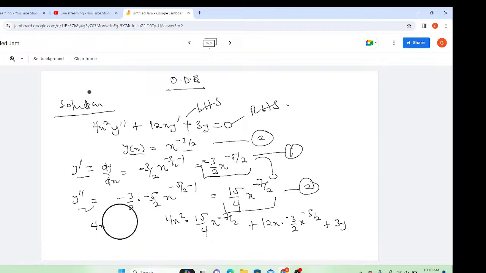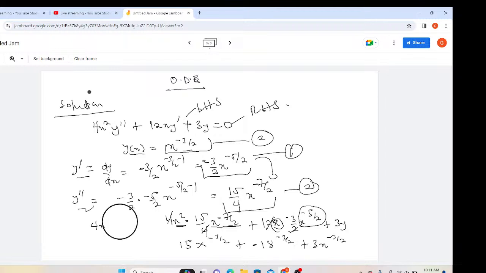Let's evaluate this. 4 divides 4, and then we have 15. We have x squared multiplied by x to the power negative 7 on 2, so we add the exponents because they have the same base, giving x exponent minus 3 on 2. Then 12 divided by 2 is 6, so 6 times minus 3 gives minus 18, and x multiplied by x exponent minus 5 on 2 gives x exponent minus 3 on 2.